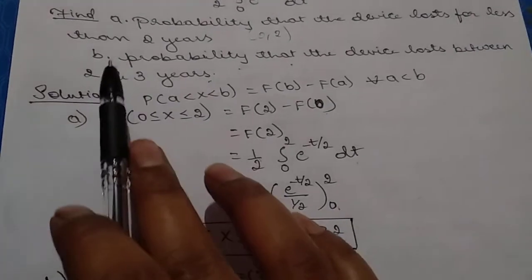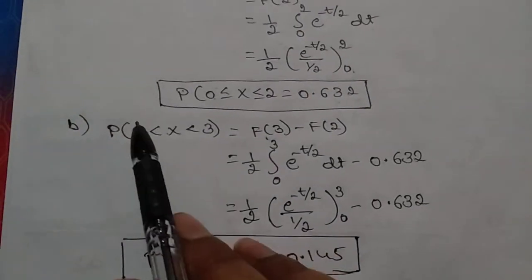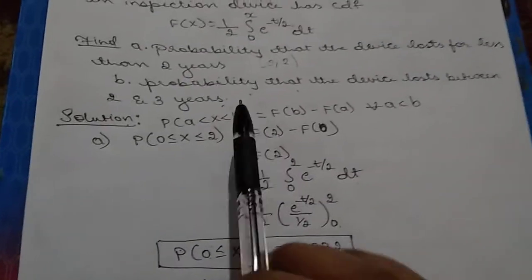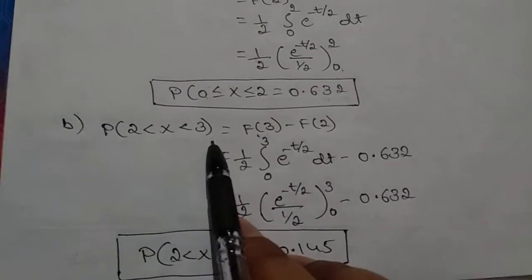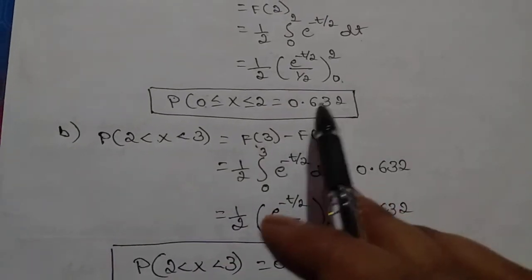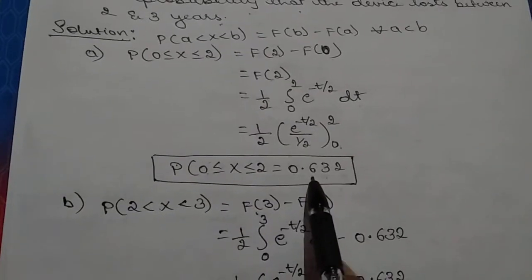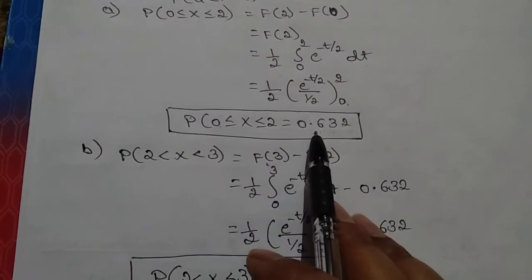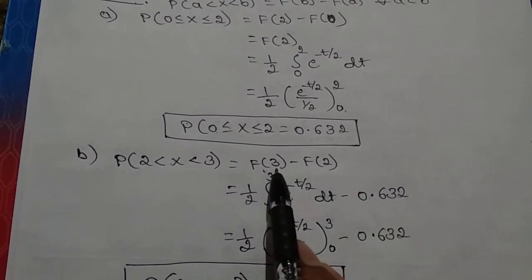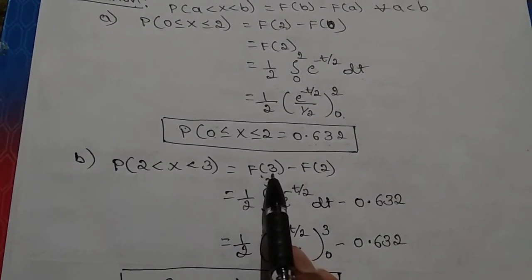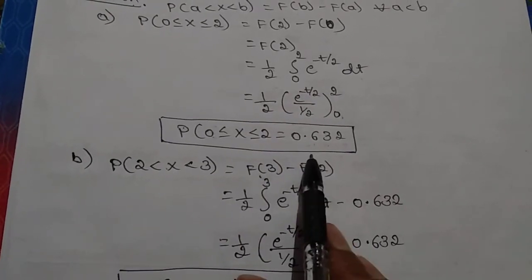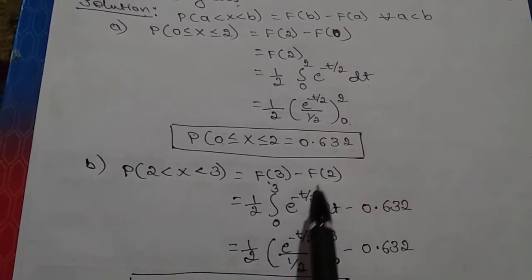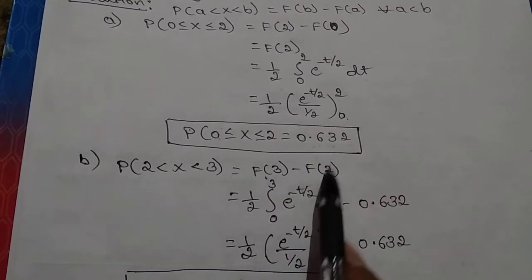Now the solution for the second one, b, it is 2 to 3. See here, lasts between 2 and 3 years, so 2 to 3. F of 3 minus f of 2. Already the f of 2 value is calculated over here, 0.632. So I'll go with 3. What is the meaning of f of 3 minus f of 2? From 0 to 3 and 0 to 2. Always it is 0 to 3 and 0 to 2.